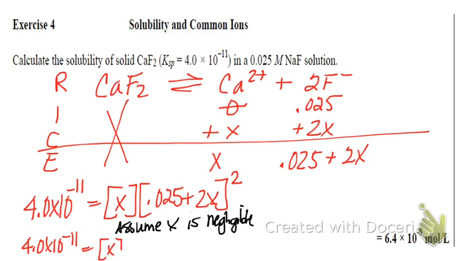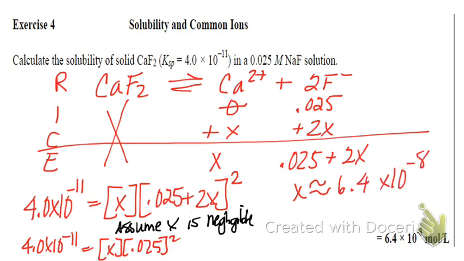So we get x times 0.025 squared. Whoa, isn't that a lot easier? So you do the math in your calculator and you get x is, we say this means approximately equal to 6.4 times 10 to the negative 8 moles per liter.